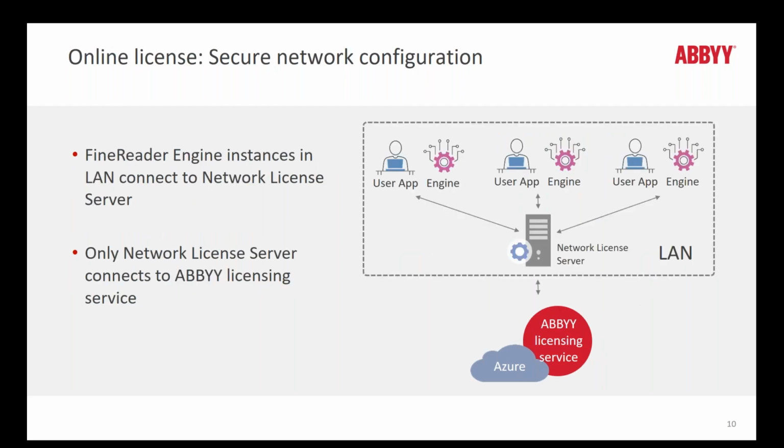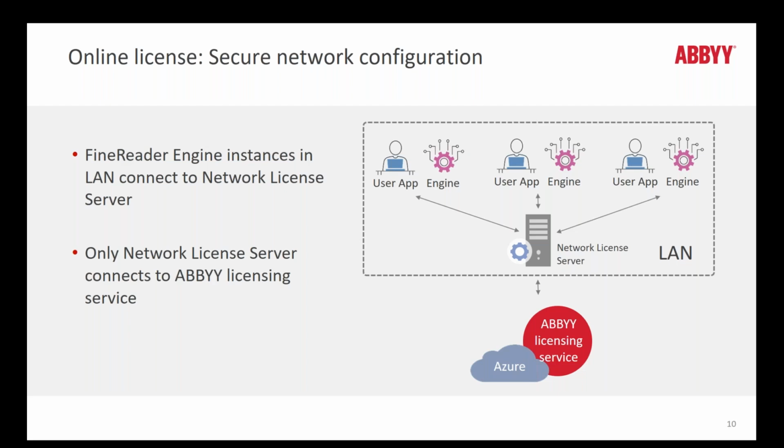The online license can as well be used in a network configuration. For example, when machines have restricted or no direct access to the internet, for example, due to high security policies or some other reasons, the network configuration is best suited since only one machine would need to have an internet connection.